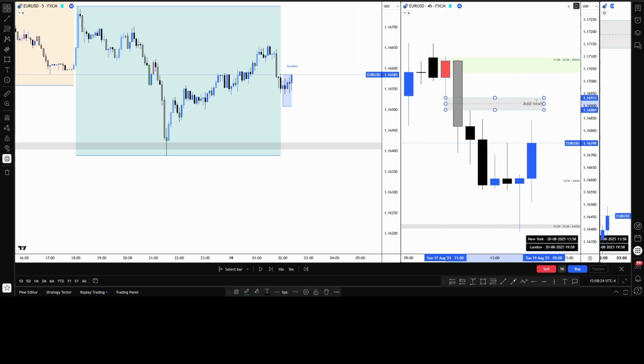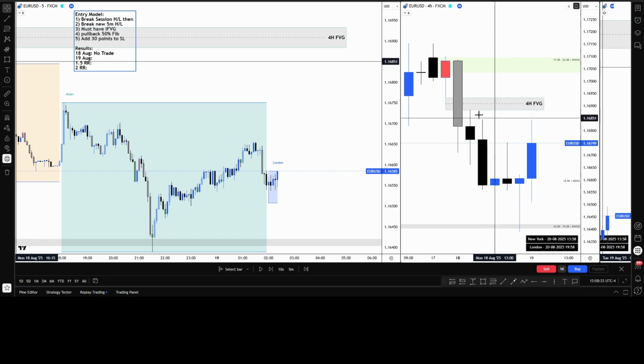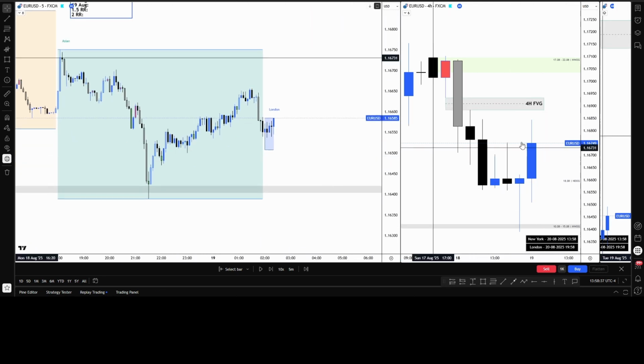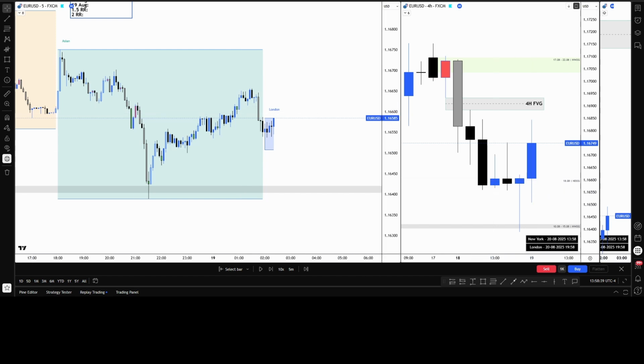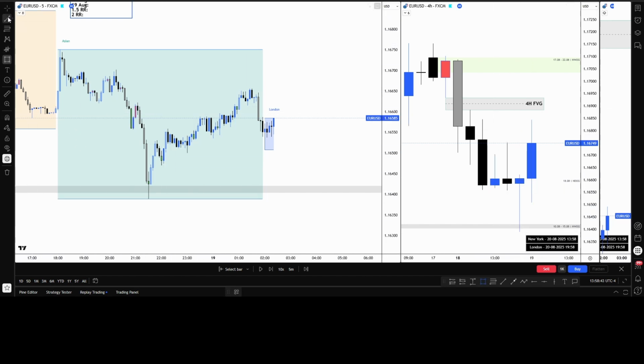That would be a full fair value gap. This is the only resistance I can see, and this is the only support that I can see. It's basically at the bottom of this Asian session.